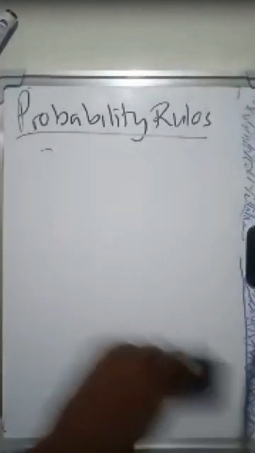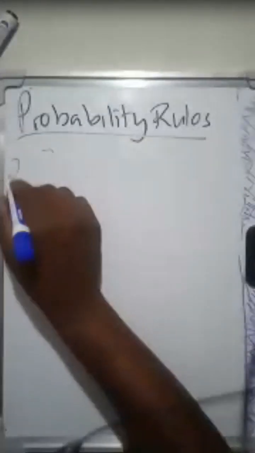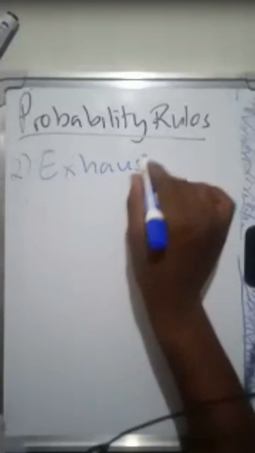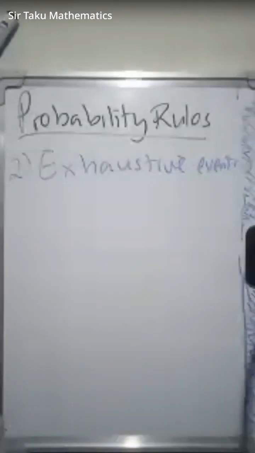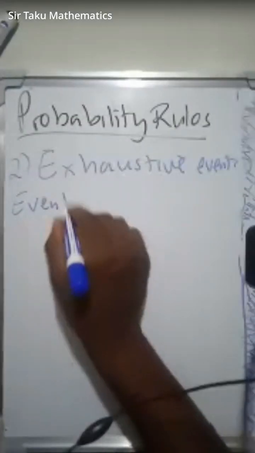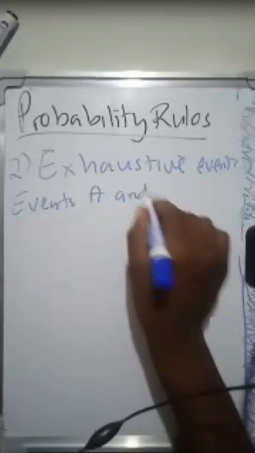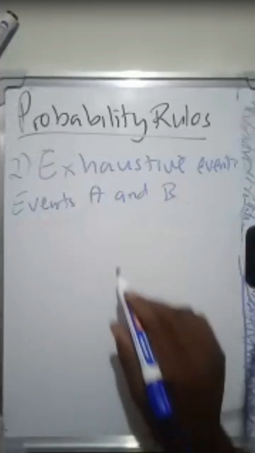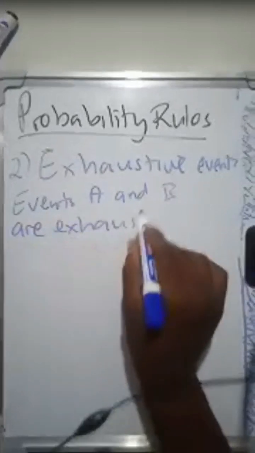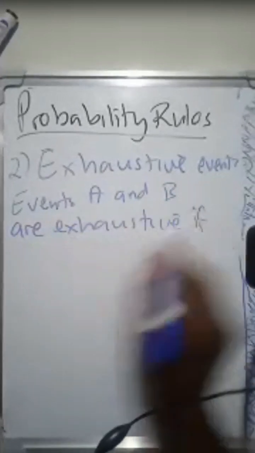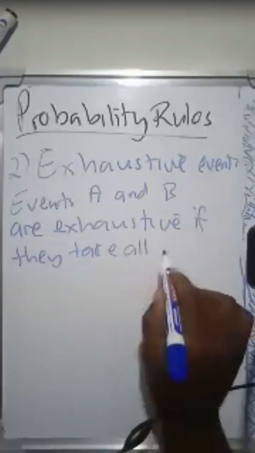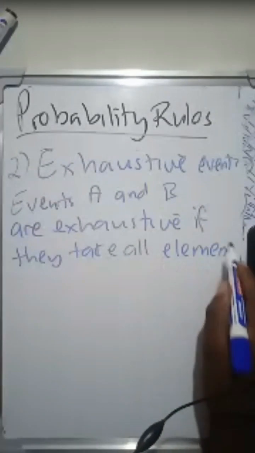The second rule that we have is for exhaustive events. We say events A and B are exhaustive if they take all elements from the sample space.